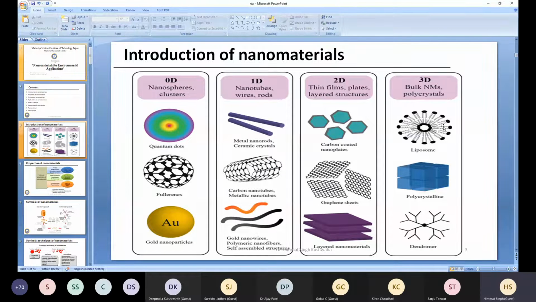And the 2D nanostructures are in the form of thin films, graphene sheets, layered nanomaterials, or the most recent example, borophene sheets, which are derivatives of boron with structures similar to graphene sheets, and in the bulk form, polycrystalline or dendrimeric forms.